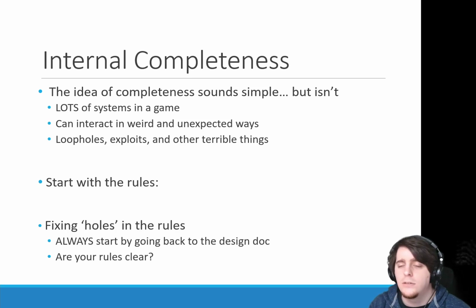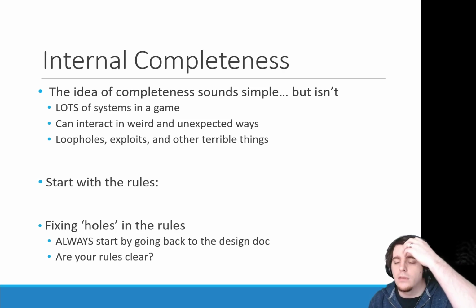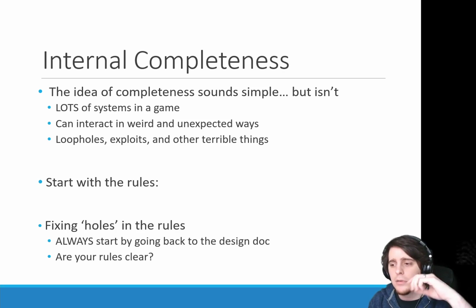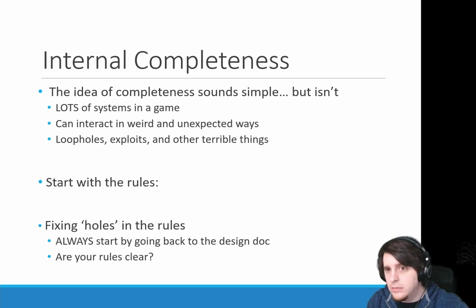But when you start identifying these issues that make your game feel incomplete, or when your playtesters are finding problems despite the fact that some of those rules are not ambiguous at all, always go back and start with the rules for your game.